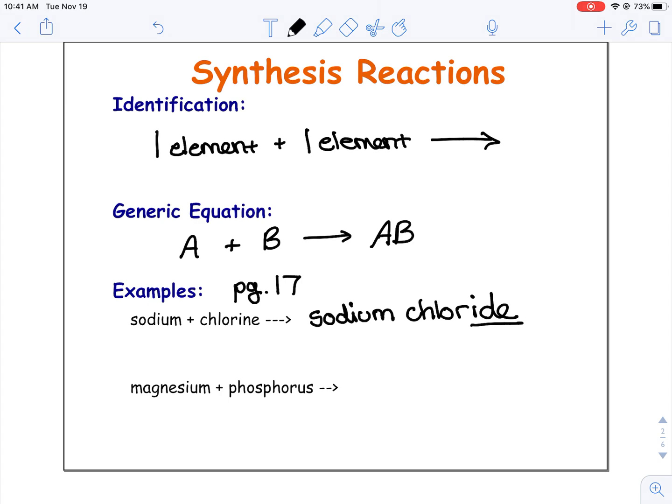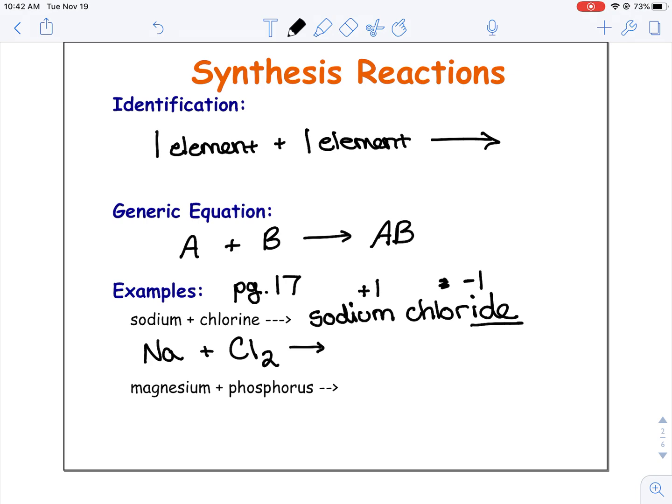Remember, if you have elements, you have to check the back of your periodic table to see if they're diatomic or polyatomic. Sodium is not, so I'm just going to write the symbol for sodium, but chlorine is diatomic when it's an element by itself. In the products, this is an ionic compound, so you've got to make sure you check your charges and have enough of each ion so that their charges add up to 0.